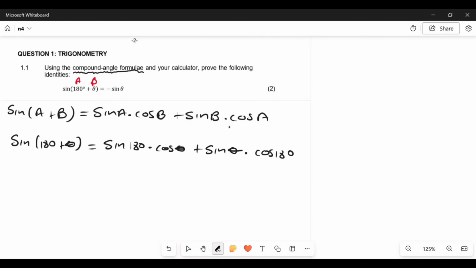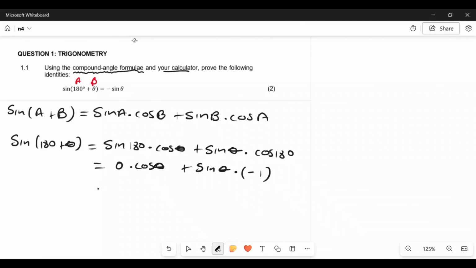Now, remember they say you can use your calculator here. If you use your calculator and press sine 180, this is going to give you 0, multiplied by the cos theta that we have there. Plus, we have sine theta multiplied by cos 180. If you use a calculator, cos 180 is going to give you negative 1.